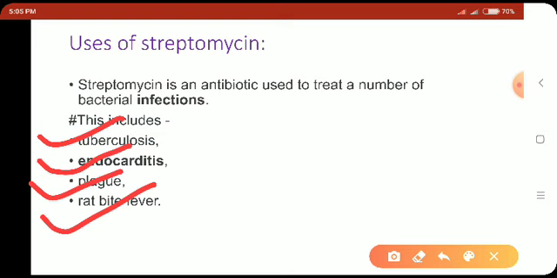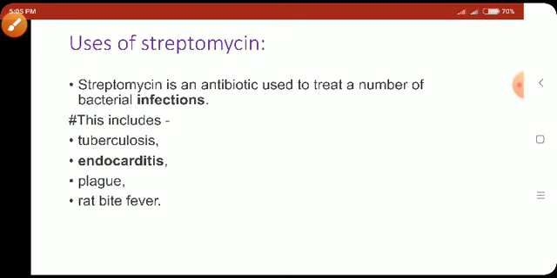These are the uses of streptomycin. Here we completed first line antitubercular drugs in detail. Thank you.